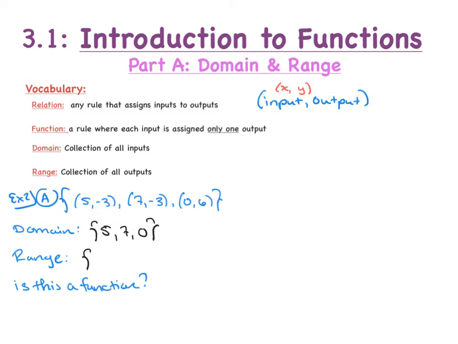Now, when you're making a list, definitely include -3, but you do not need to include -3 twice, because when you're making a list, you don't need to include the same thing twice. So -3, don't need to include the second -3, because we're just making a list of all the numbers that are outputs, and 6. Cool.